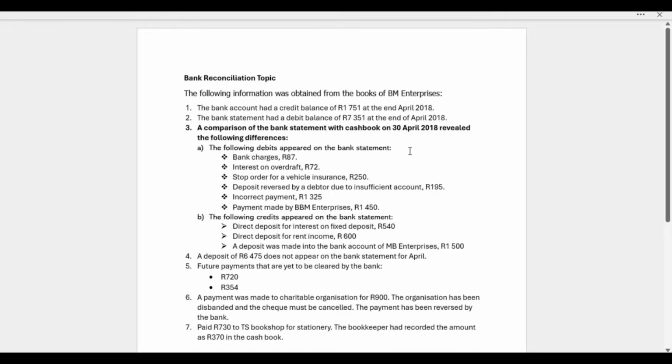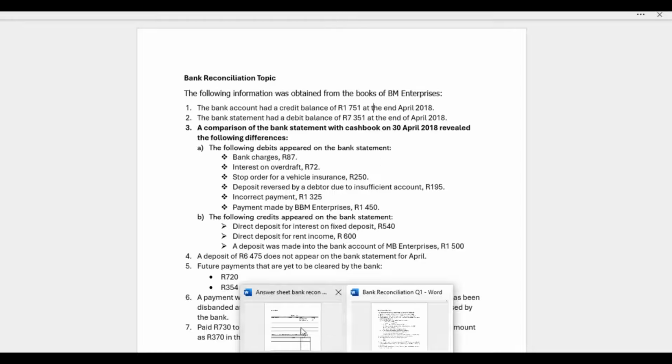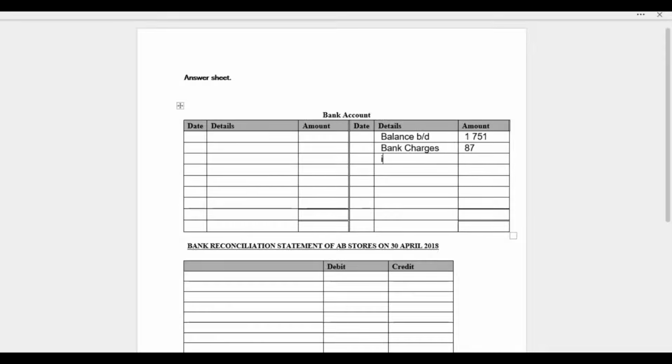We need to sort out our books, which is the bank account or cash book. This is our cash book. Interest on overdraft will decrease your bank. And just come here and say interest paid, which is interest on overdraft for 72 rand. Right. See now, it's easy.